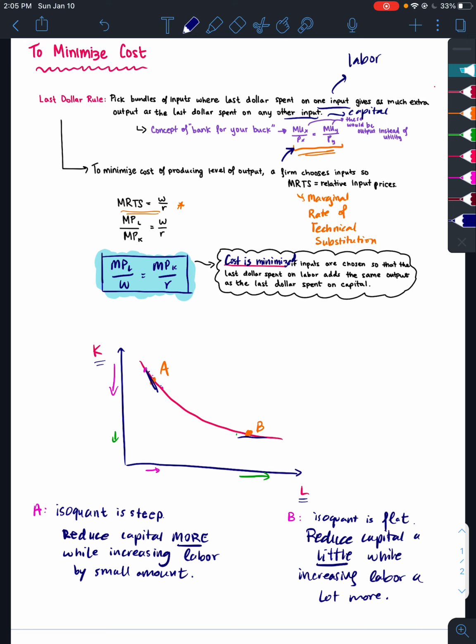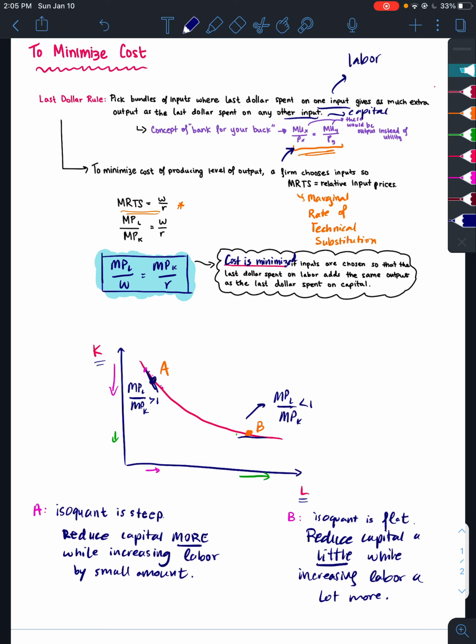How I'm getting this is because this slope, at this point, is saying that MPL over MPK is greater than 1. Right over here, our MPL over MPK, that's the dy dx, is less than 1, right?